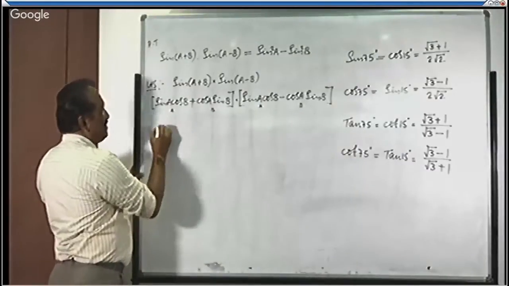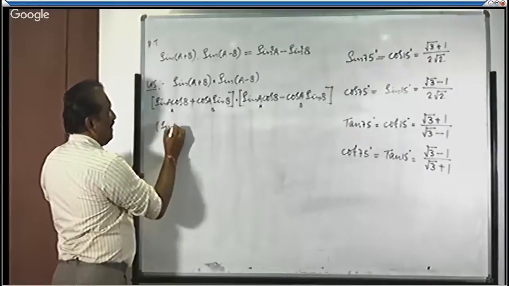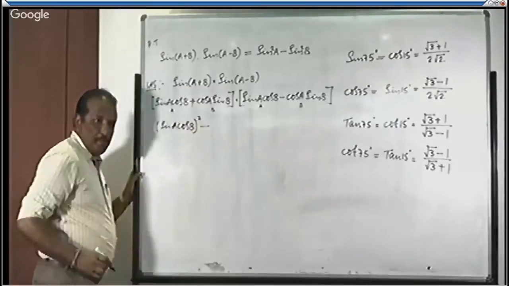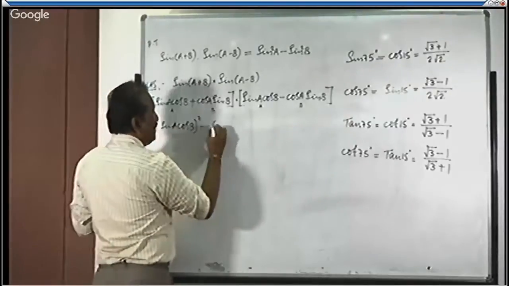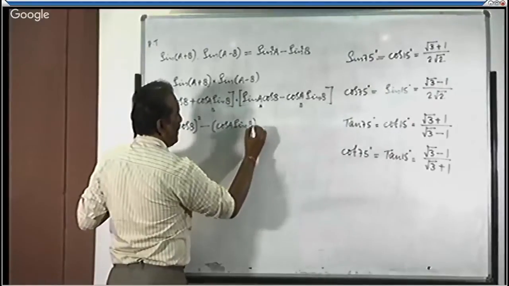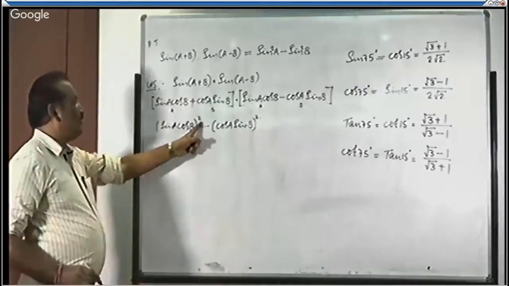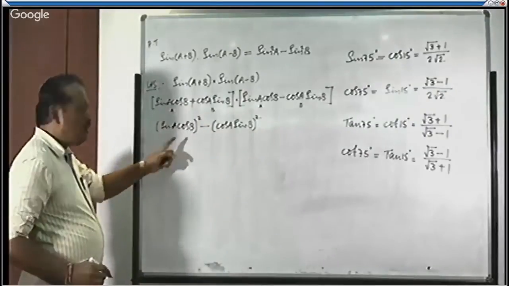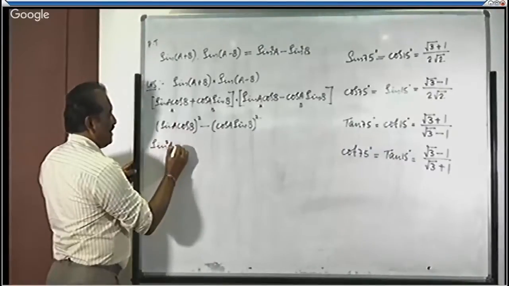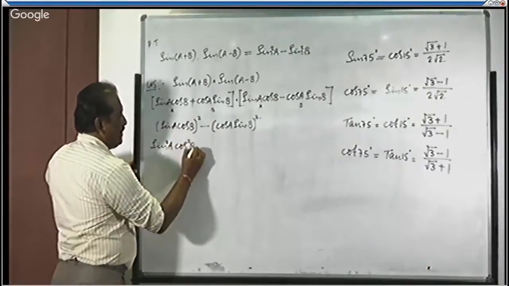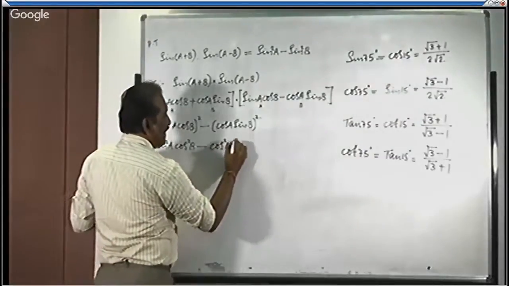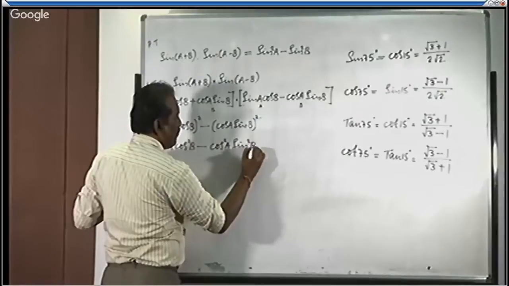What is there in the place of a? It is sine a cos b whole square, minus b square. What is there in the place of b? It is cos a sine b whole square, right? As we all know, the square is applicable for this term and also this term. Therefore, you can rewrite this one as sin square A cos square B minus cos square A sin square B.